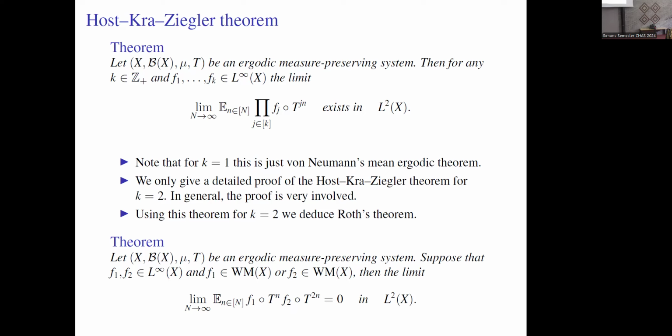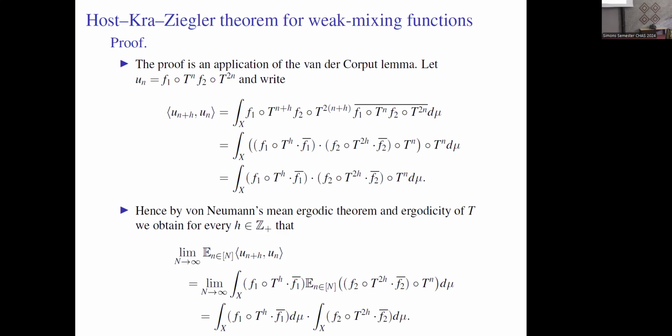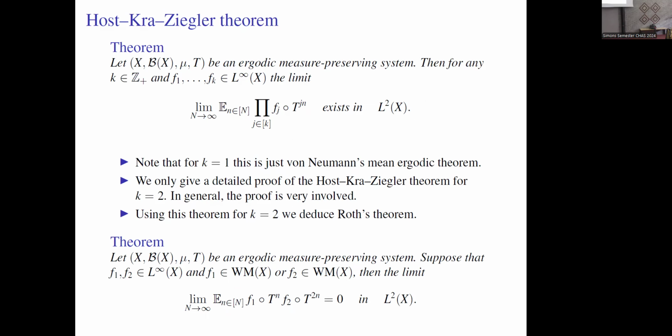Okay. As you can imagine, the main tool here will be the van der Corput lemma, which will be applied to this sequence of vectors. Of course, we can assume that this is in L infinity because we work with a probability measure preserving system, and L infinity is contained in every Lp space.